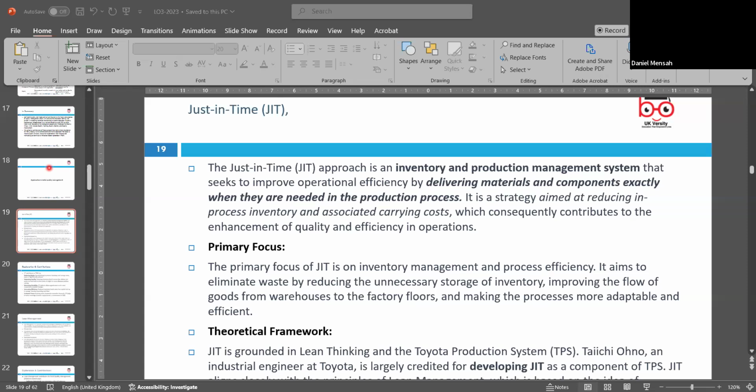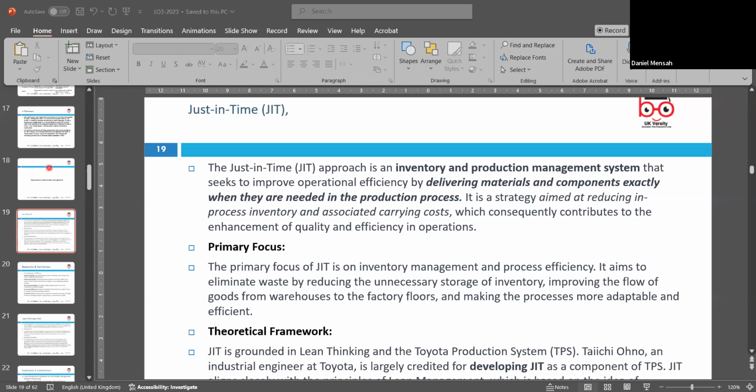It also brings efficiency in your processes because it helps in streamlining your workflow and reducing unnecessary inventory, enhancing the overall production flow. So there is a smooth flow, which makes your process efficient.